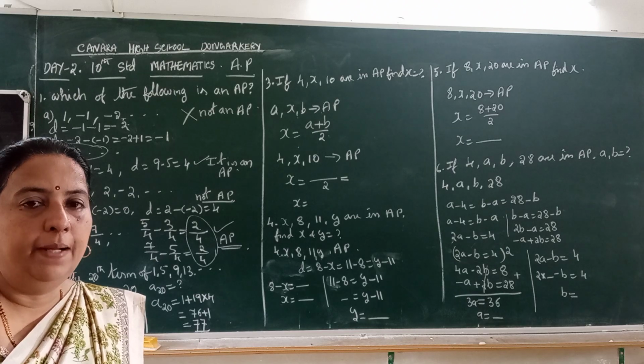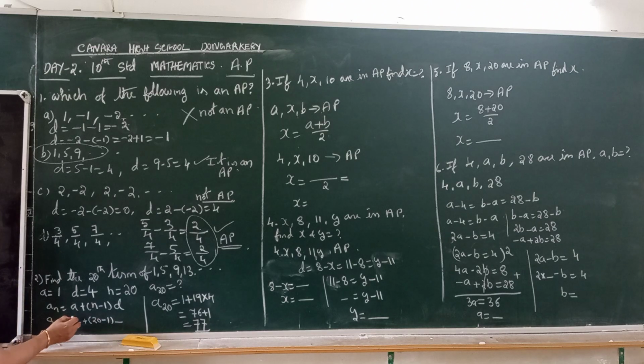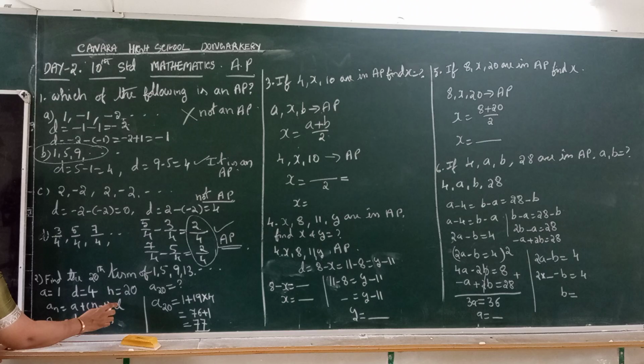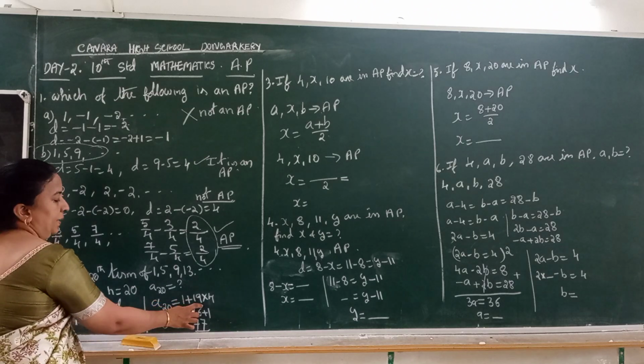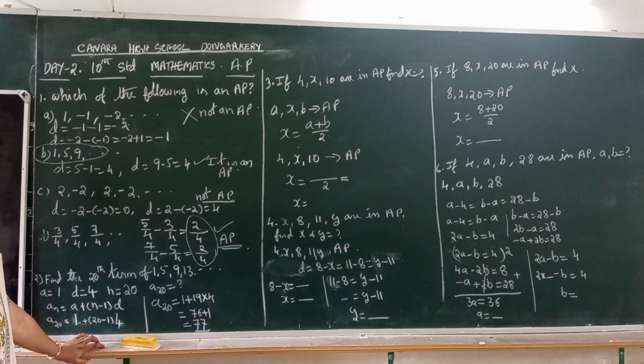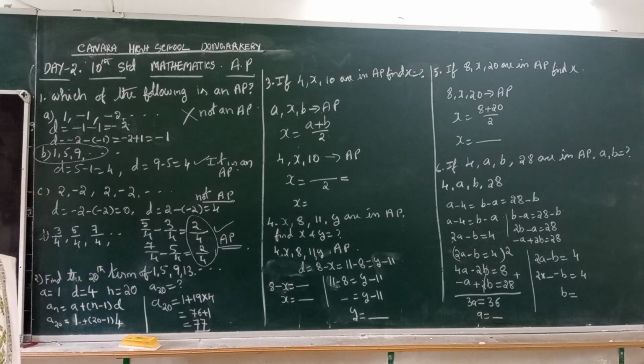Use bracket properly. a_20 is equal to, in place of a, 1, plus, in place of n 20, in place of d 4. 20 minus 1 is how much? 19. 1 plus 19 into 4. 19 fours are 76 plus 1, 77. So 20th term is 77.